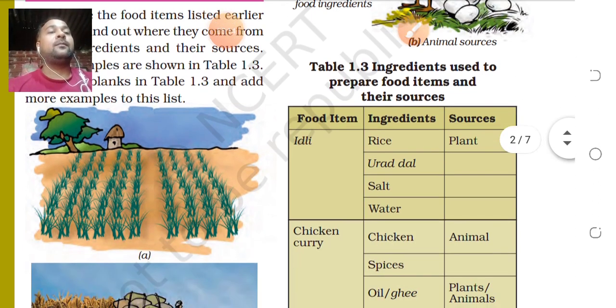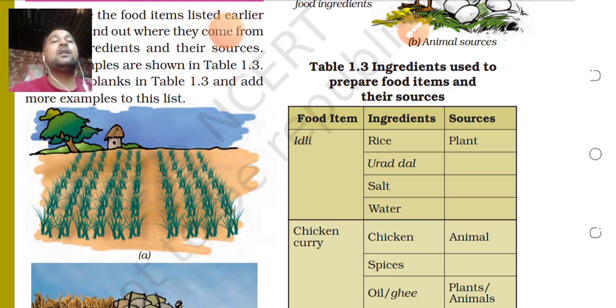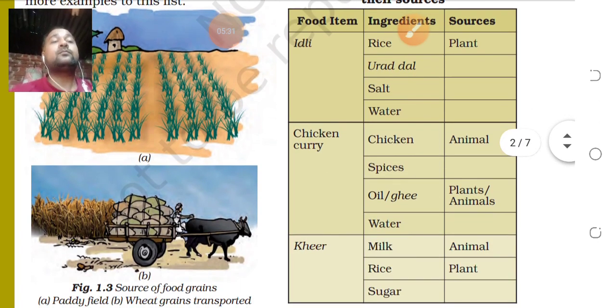See in 1.3 what is given? Idli. Idli is made of what kind of ingredients? Rice, urad dal, salt, water. So rice comes from plants, urad dal also comes from plants, salt from water. Okay, chicken curry. Chicken will come from animals, spices will come from plants, oil, ghee. Oil will come from plants and ghee will come from animals.